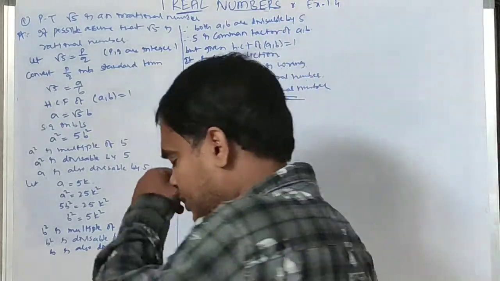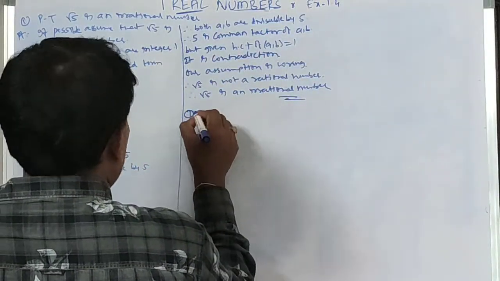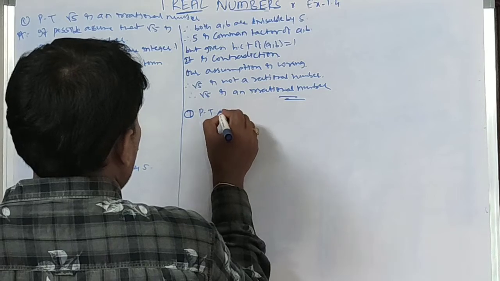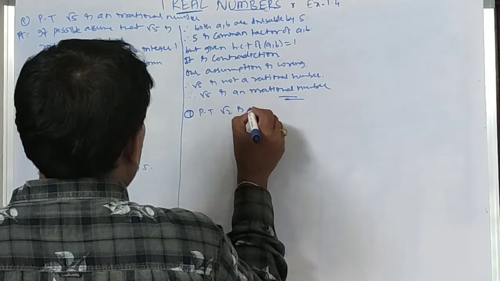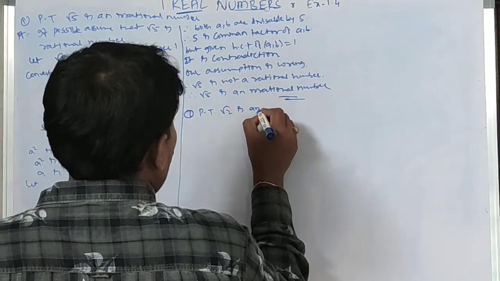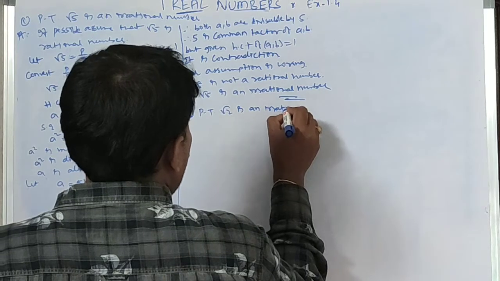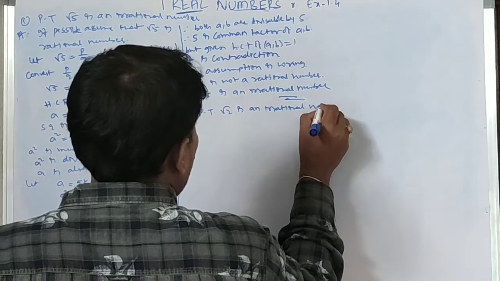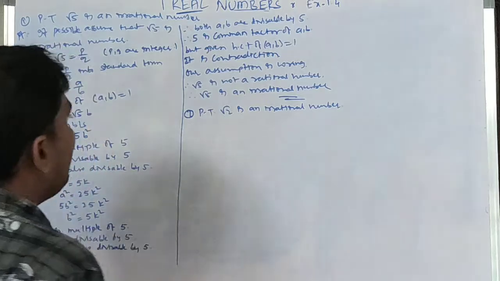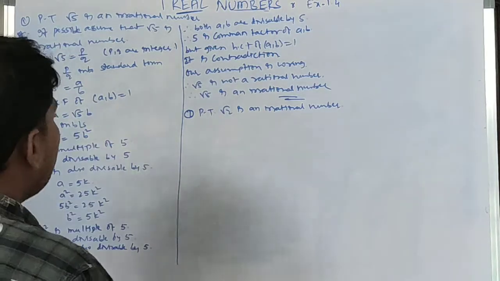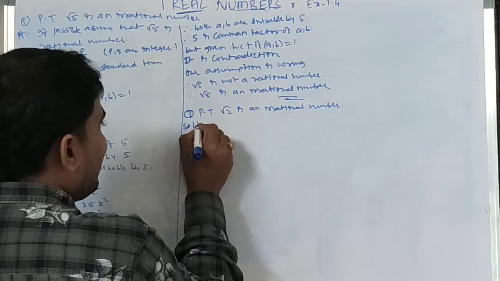Similar problem. Prove that root 2 is an irrational number. Same proof. So first, solution.